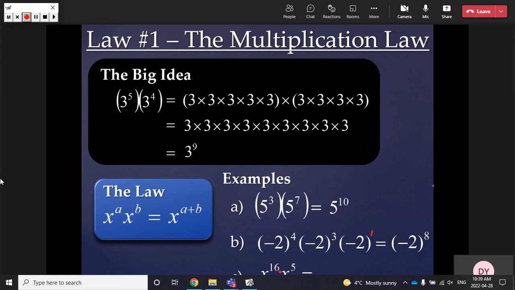So x to the 16 times x to the 5. Who's got an answer? Cameron? x to the exponent 21. Lovely. Now you're probably wondering, why aren't we stating the answer as a big number? Well, because sometimes exponent laws make it way easier. Sometimes those big numbers are a little bit unreasonable to write down, so it's better to just leave it like that. Cool?